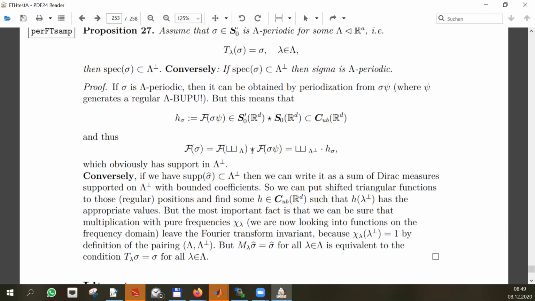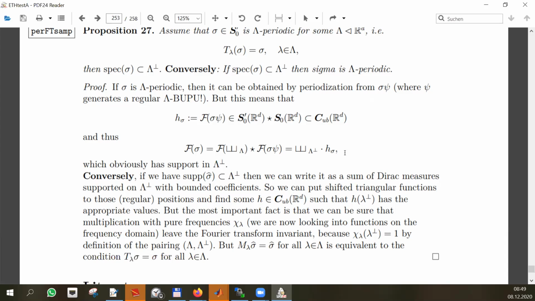And now comes the general Poisson formula. This is, up to a factor C lambda, which I also ignored, a Dirac comb at the orthogonal lattice. And this, by definition or by convention, is a bounded continuous function. So if you have this, then you just multiply out your coefficients. At any point of this perpendicular lattice, the coefficient will be the amplitude of H sigma at that point, lambda prime.